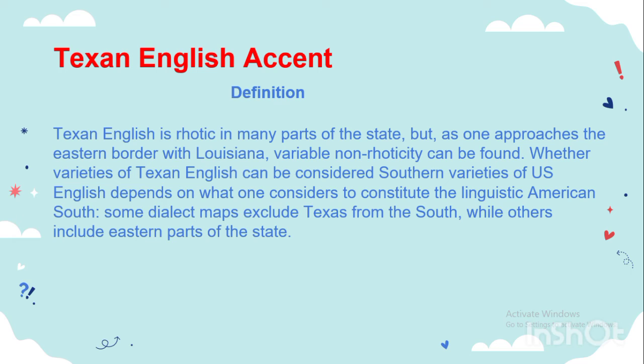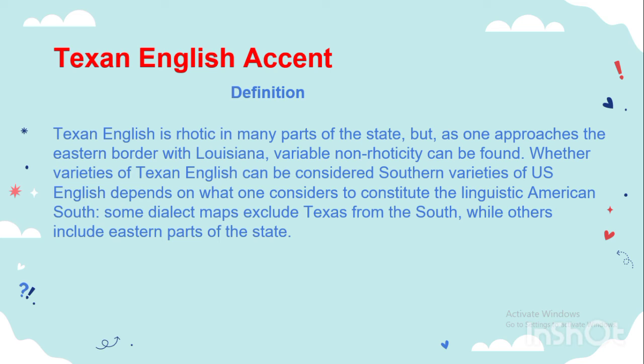Texan English is rhotic in many parts of the state, but as one approaches the eastern border with Louisiana, variable non-rhoticity can be found. Whether varieties of Texan English can be considered southern varieties of U.S. English depends on what one considers to constitute the linguistic American South. Some dialect maps exclude Texas from the South, while others include eastern parts of the state.